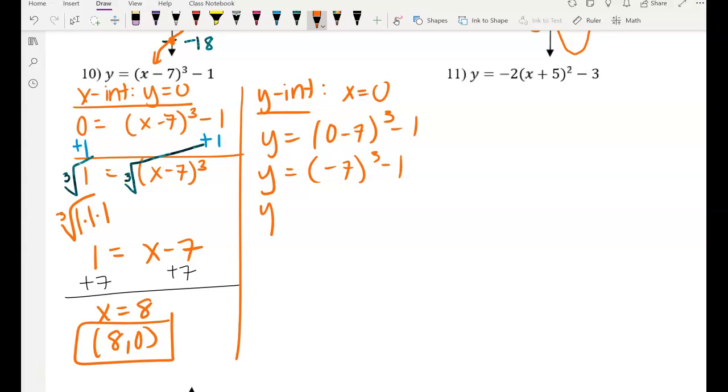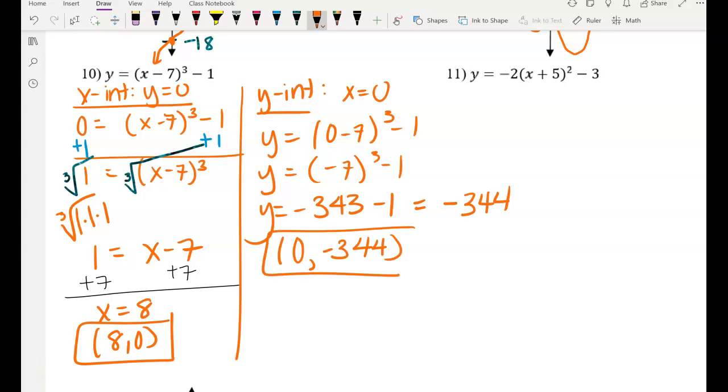Oh, yeah, thank you. Negative 343. Muchas gracias. Okay. So final answer, negative 344. So y-intercept is 0, comma, negative 344. Box that up. We're going to do 11 at the same time, and then we'll sketch it out with Desmos after, okay?